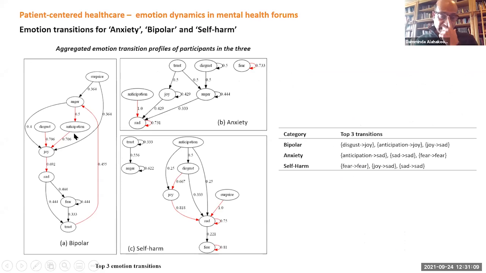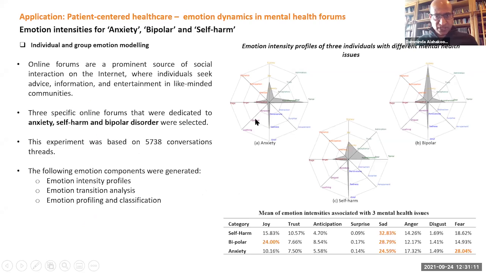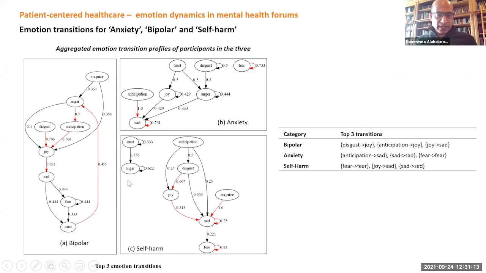And this is again an example for these individuals, the transition diagrams. And if we go into detail, which we don't have the time for now, we can see the individuality and the very different bipolar, anxiety, and self-harm. So what do we do?